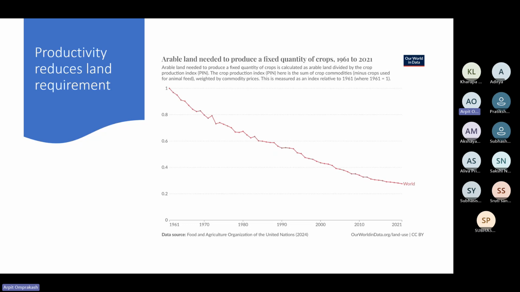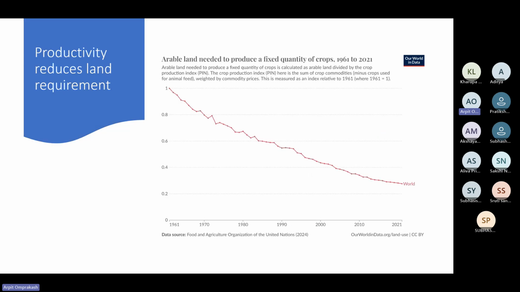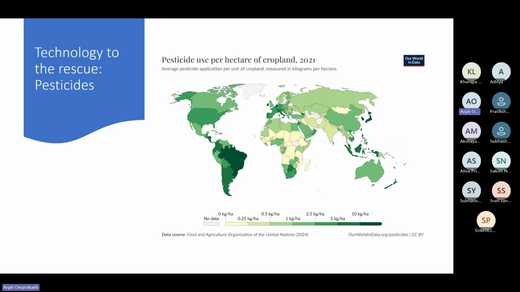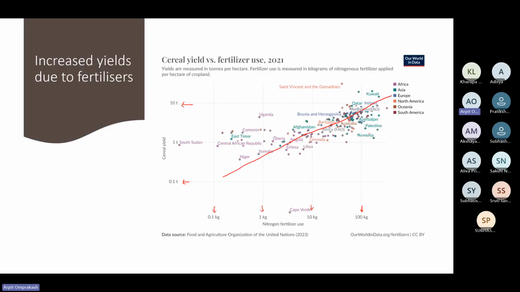The other thing is this increase in things such as fertilizers and, what was the other thing? Yeah, pesticides and fertilizers are basically leading to an increase in production of resources and crops and livestock, basically increasing yield.